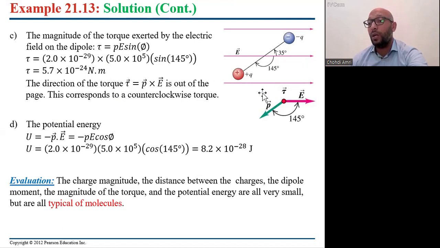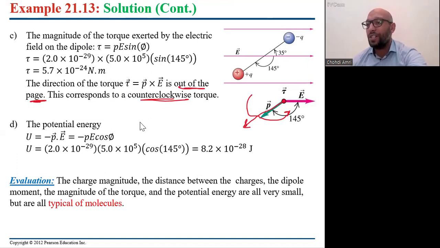What is the right hand rule? Point your fingers in the direction of the first vector, which is P. Curl your fingers to the direction of E, and the thumb of your right hand points outward, out of the page. This corresponds to a counterclockwise torque. So the torque is counterclockwise, or we can say it's out of the page.